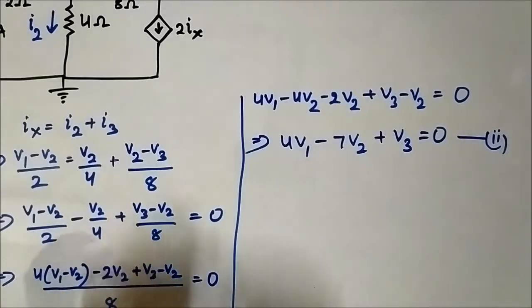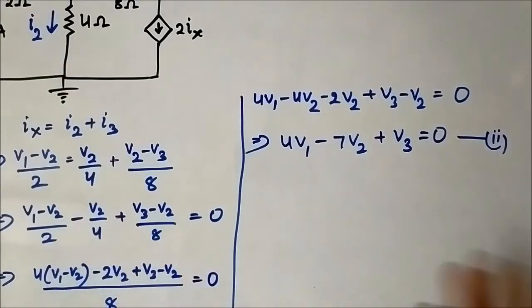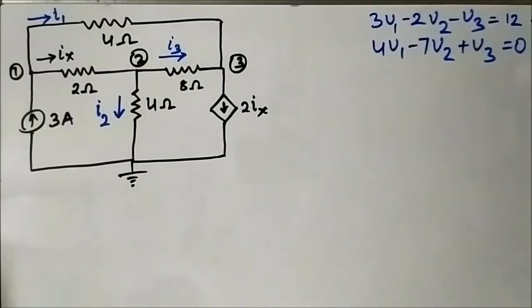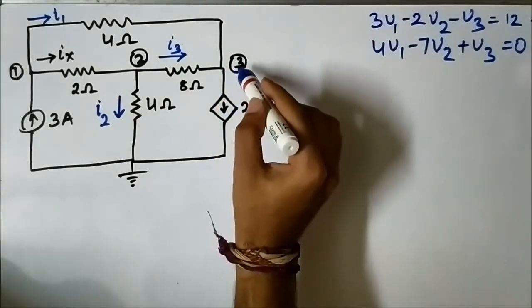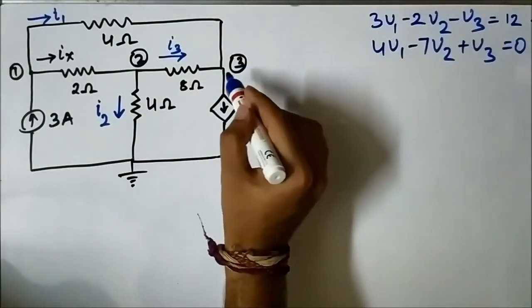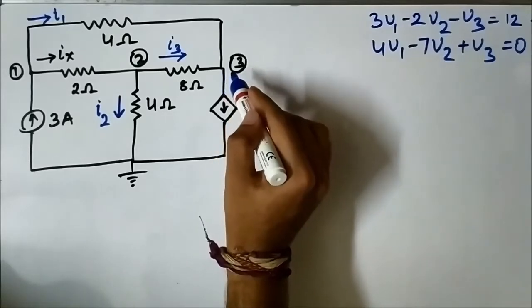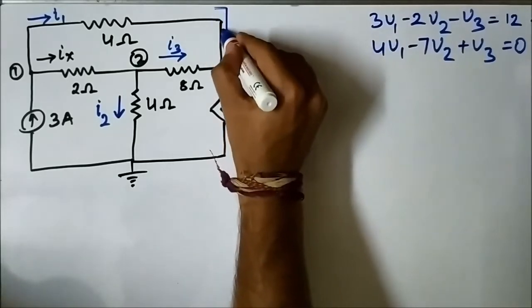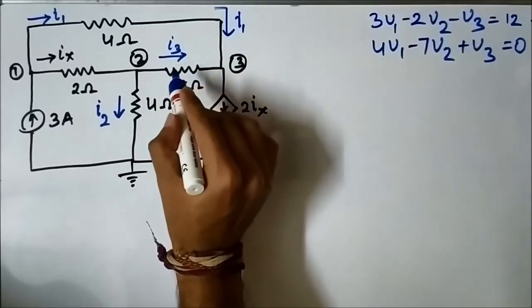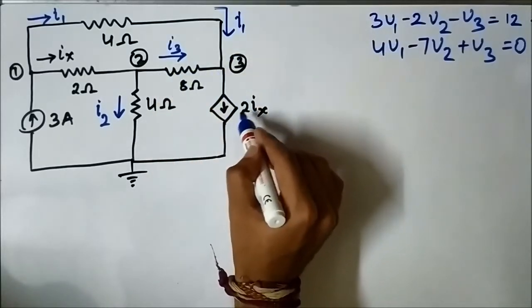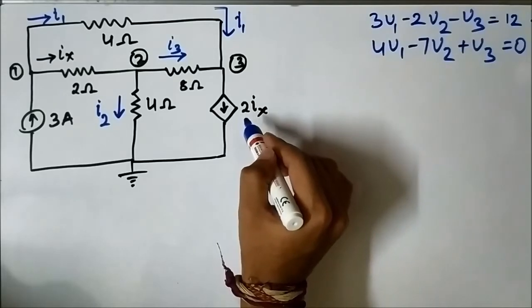Now we have to get the third nodal equation, then we can solve the three nodal equations to get the values of V1, V2 and V3. So now we have to put KCL at node 3 and get the nodal equation for node 3. At node 3, I1 is flowing towards the node, I3 is flowing towards the node, 2Ix is flowing away from the node.